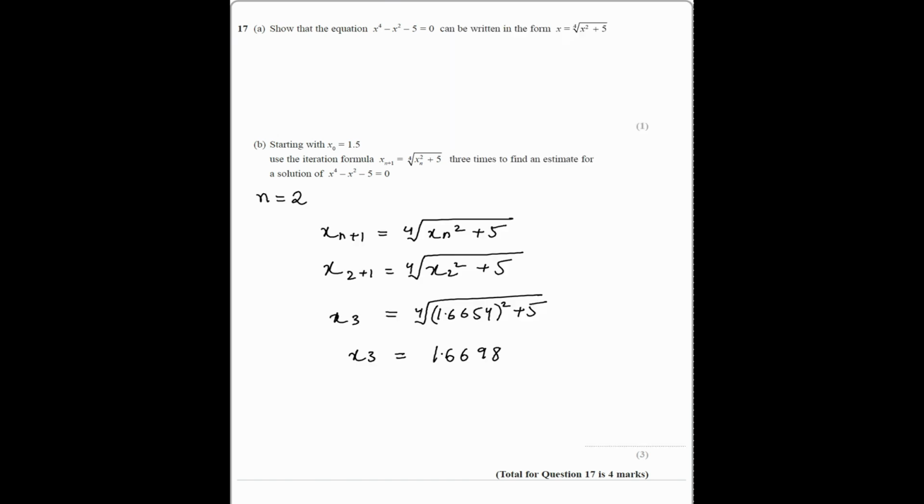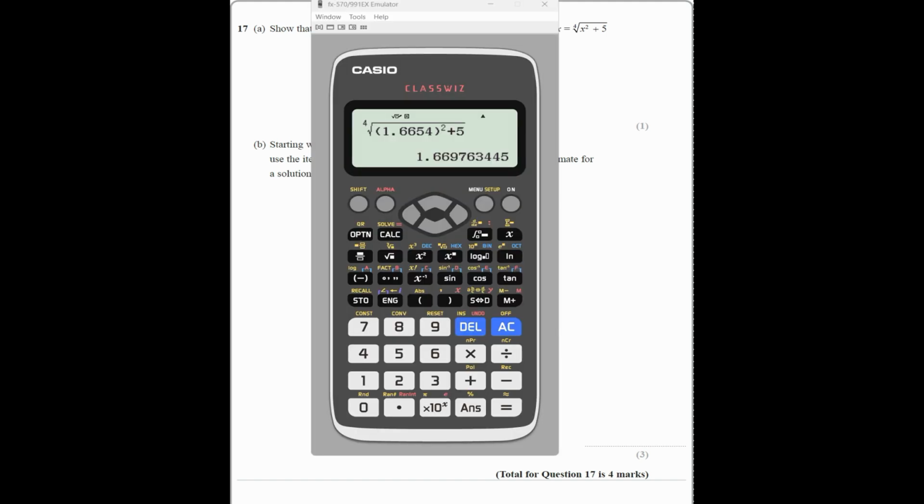And there we have it. After 3 iterations, our estimate for the solution of x^4 minus x^2 minus 5 equals 0 is approximately 1.6698. This method is a powerful way to approach complex equations using iterations. In the third iteration, we can also write our complete answer as 1.669763445.